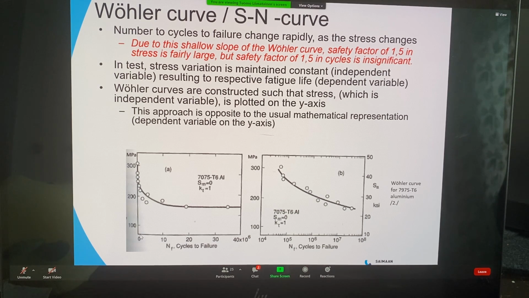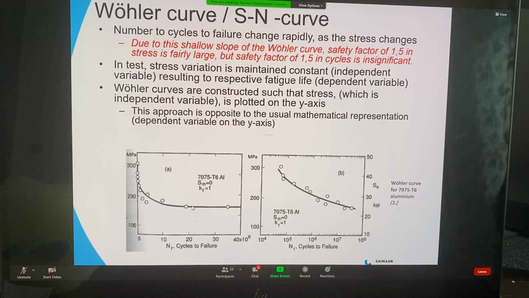The number of cycles to failure is so small that it's difficult to see it from the curve. But where we go into lower stress variation levels, they tend to be much higher numbers to failure, and the distance between the individual results is far bigger than in the starting phases of the tests. And therefore, of course, this is quite difficult to read, and that is the reason that we want to put it into a logarithmic scale, like we see in this right-hand side picture.